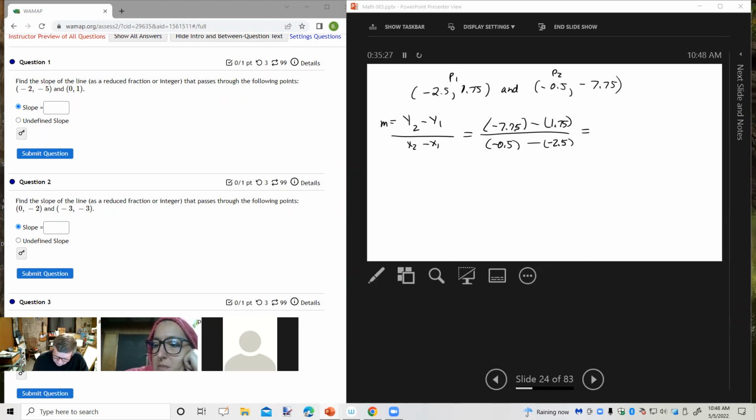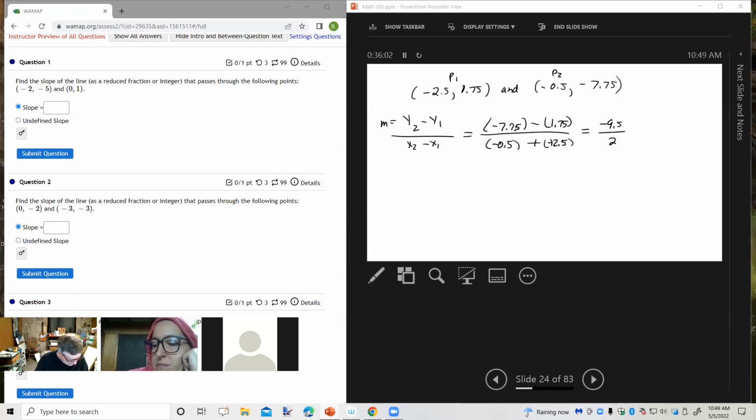Well, in the numerator, I've got -7.75. I'm going to use my calculator, -7.75, and then minus 1.75. So I get -9.5. And in the denominator, subtracting a negative is like adding a positive. So I've got -0.5, and then plus 2.5, which is 2.